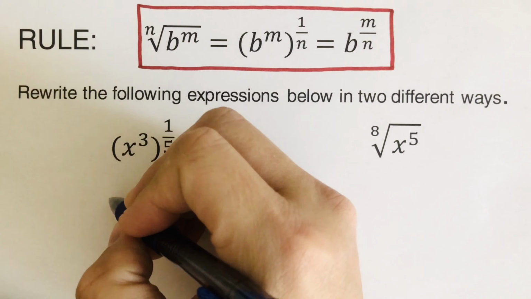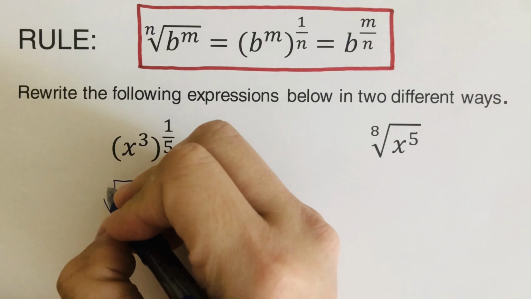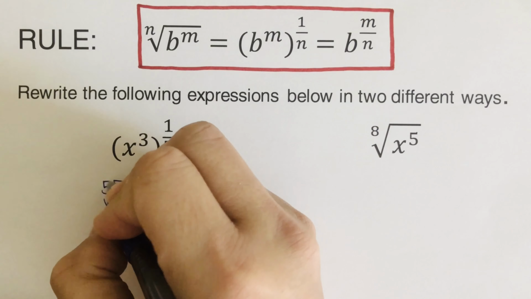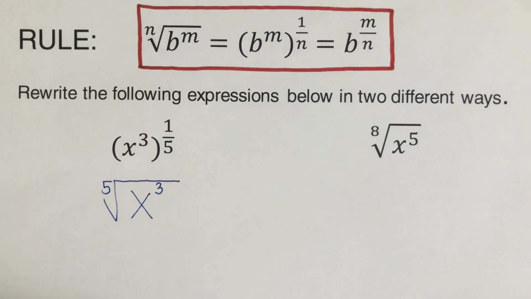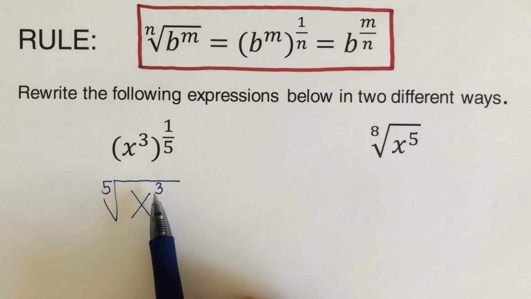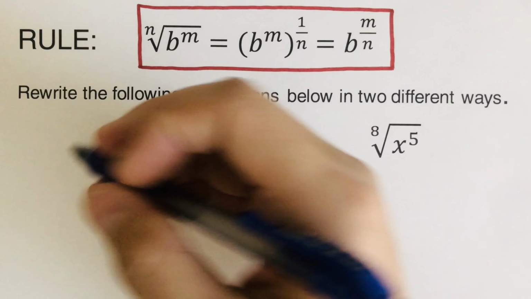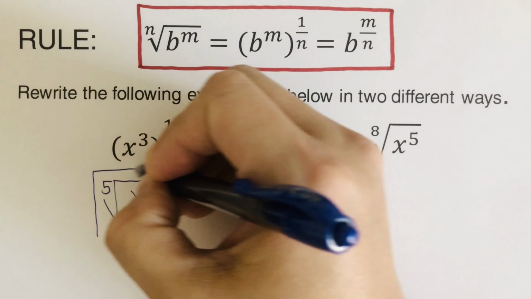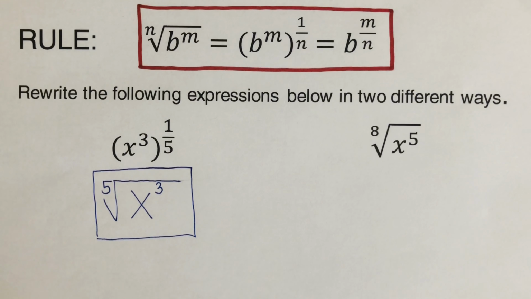This becomes, it's not called square root anymore, but instead we have the fifth root of x to the 3rd power. So that's the m and that's the n. That's the answer right here.